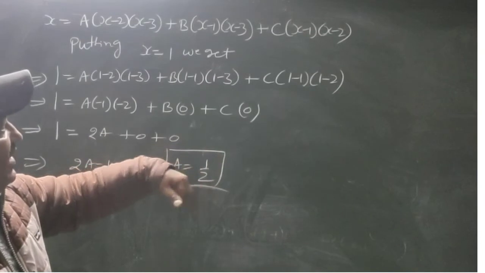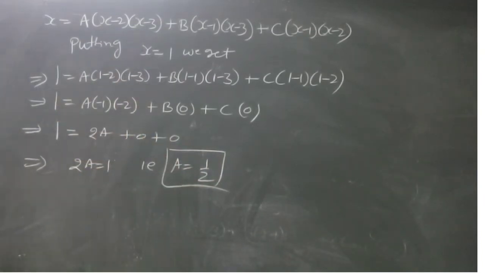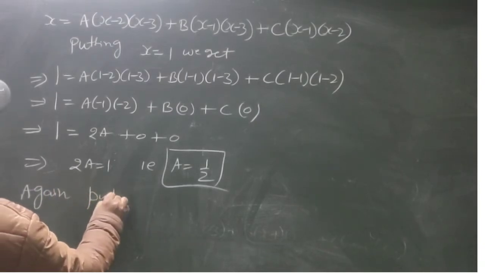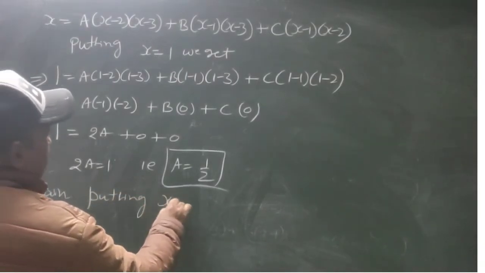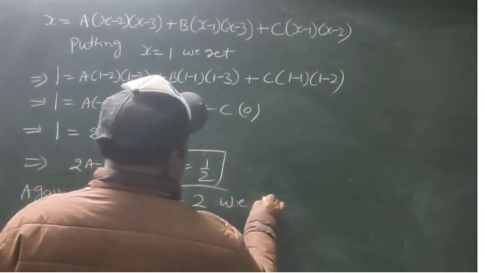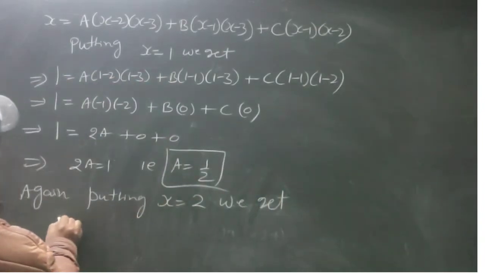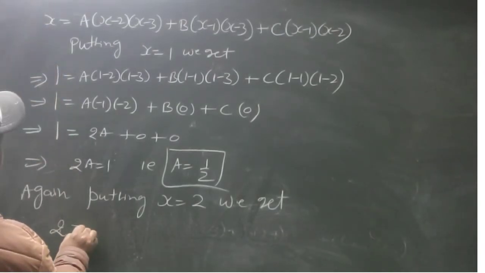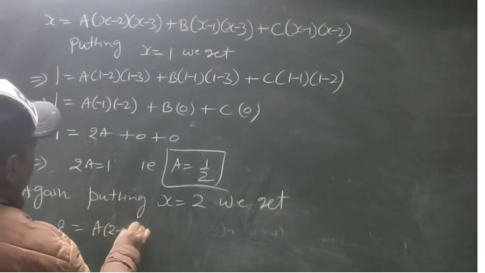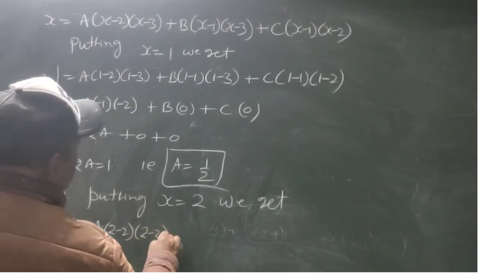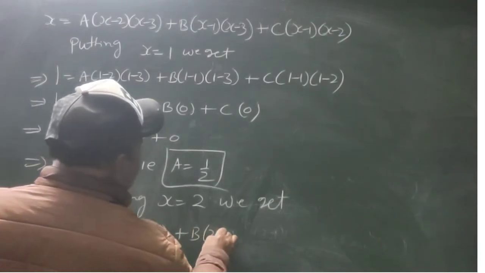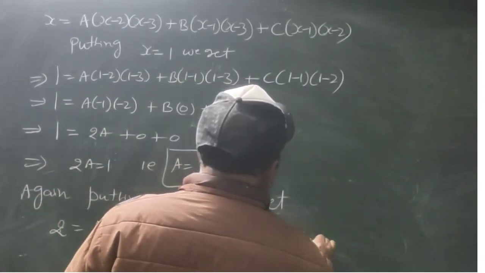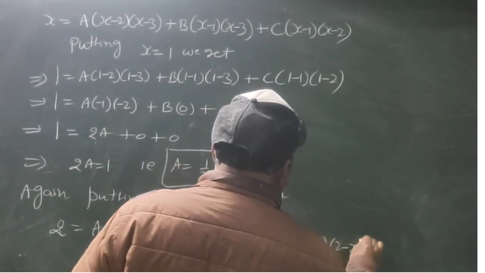Now in order to find the value of B, putting x is equal to 2, we get 2 is equal to A into 2 minus 2 into 2 minus 3 plus B into 2 minus 1 into 2 minus 3 plus C into 2 minus 1 into 2 minus 2.